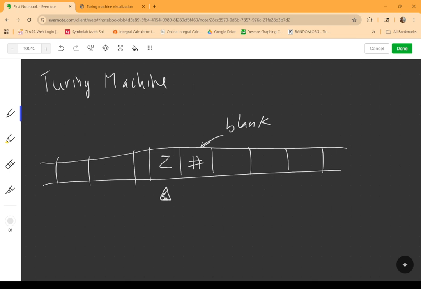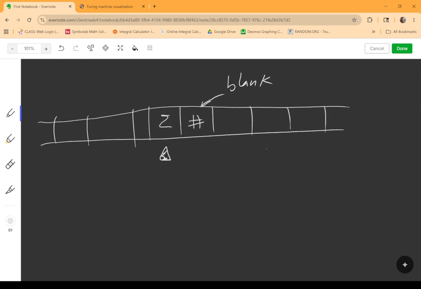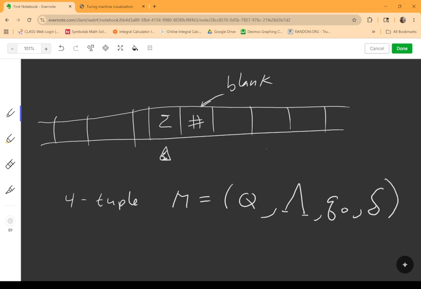One possibility is that the machine never halts. Think of that like an infinite loop in a program. So a Turing machine is formally defined as a tuple M, defined by Q, Greek letter lambda, Q naught, and delta.